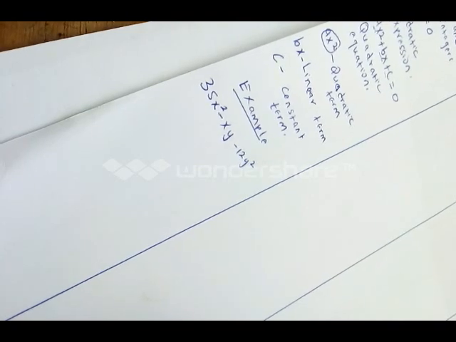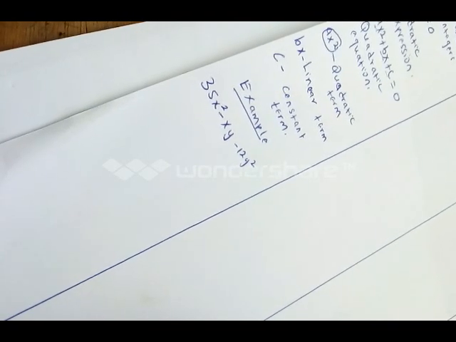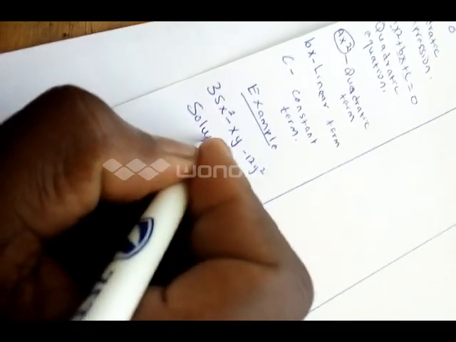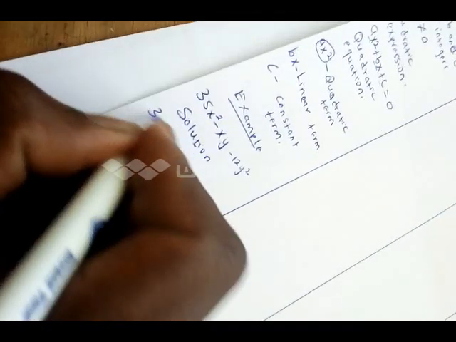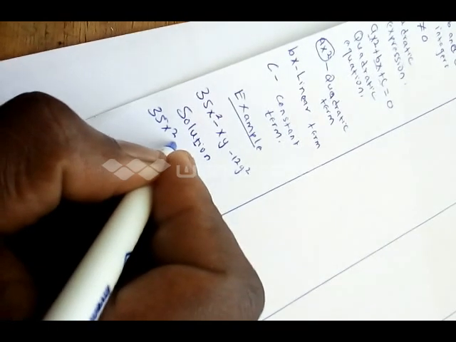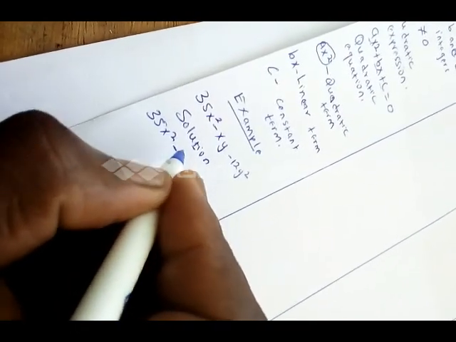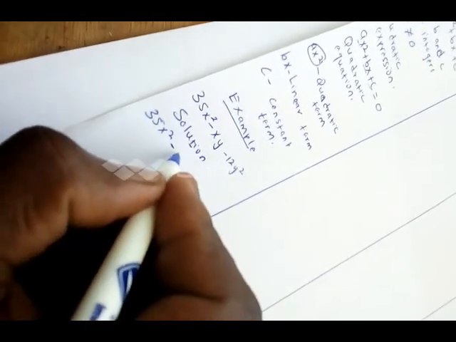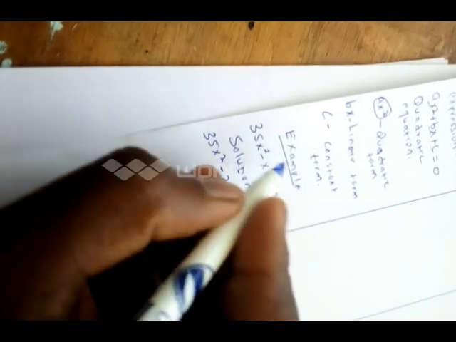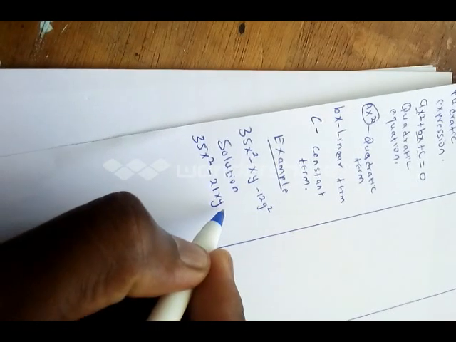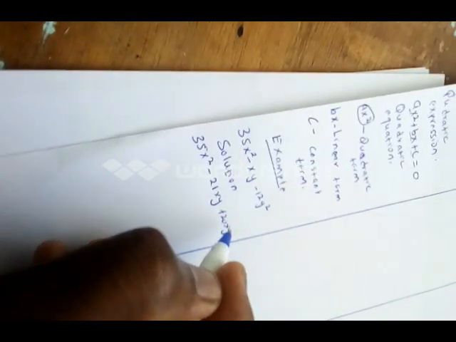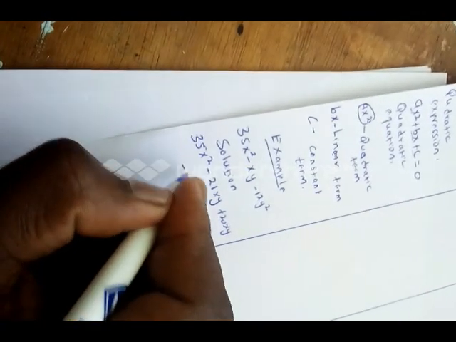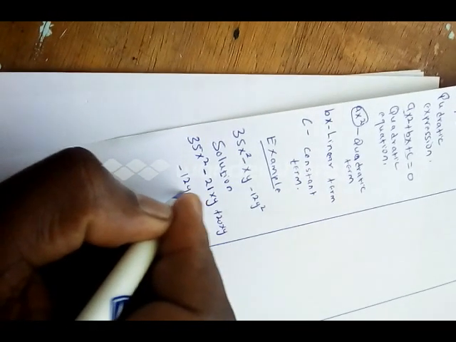Such a question, when we talk about the solution, you can write it as 35x squared minus 21xy plus 20xy minus 12y squared.